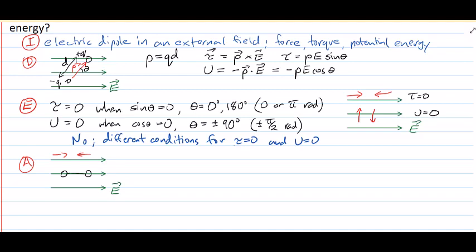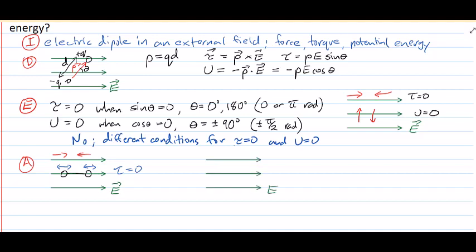Now we know the forces on those charges. The force on a charge from an electric field is going to be in the direction of the field or in the opposite direction, depending on the positive or negative charge, but it's going to be along the line of the field. And you should be able to see from the diagram, those forces may try to stretch out or compress our dipole, but they're not going to be trying to rotate it. There is no torque that comes from those forces.